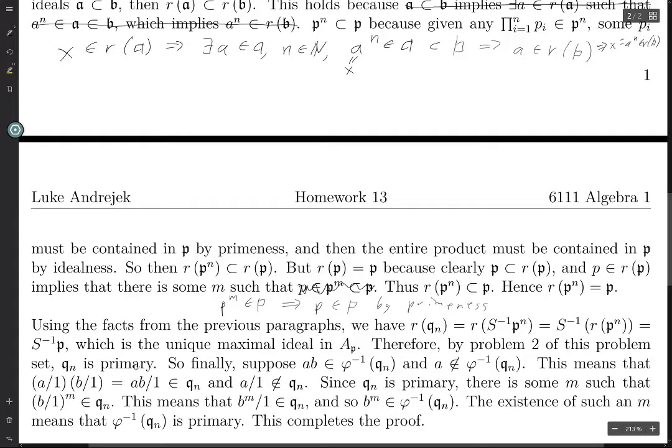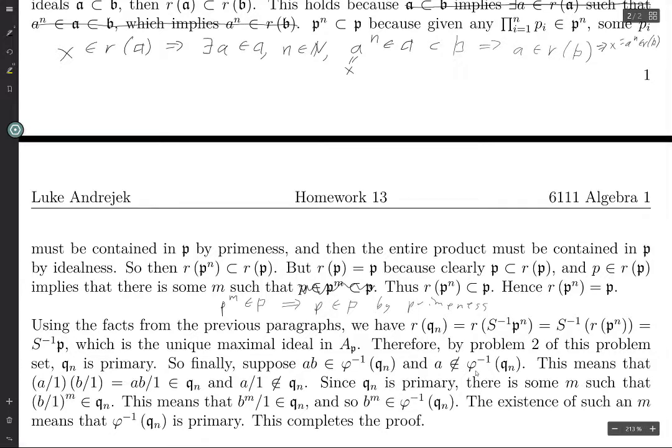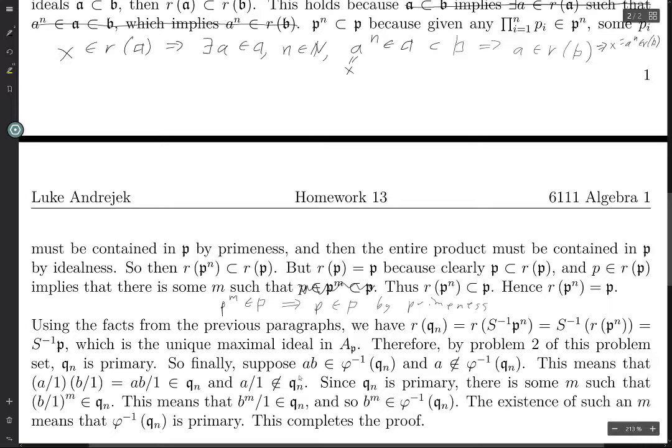So since Qn is primary, now let's prove that phi inverse Qn is primary. So suppose the product AB is in phi inverse Qn, and suppose A is not in phi inverse Qn. We want to prove that some power of B is in phi inverse Qn. So AB is in phi inverse Qn.